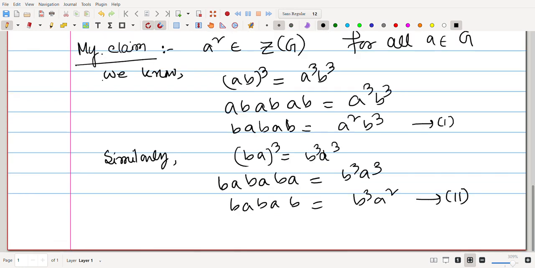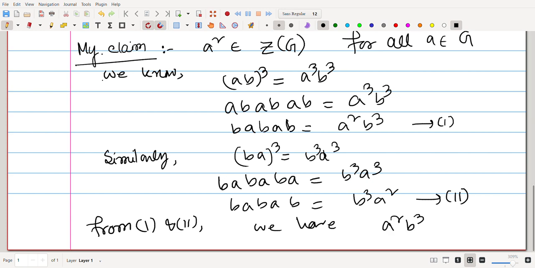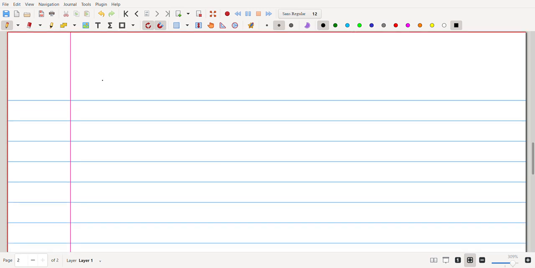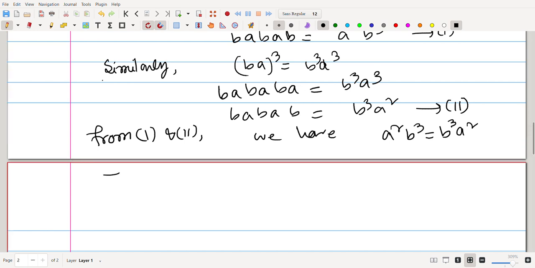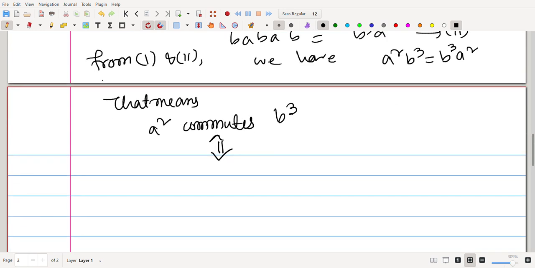So from 1 and 2 I get A square B cube equals B cube A square, right? That means A square commutes with B cube, which implies that A square commutes with B.